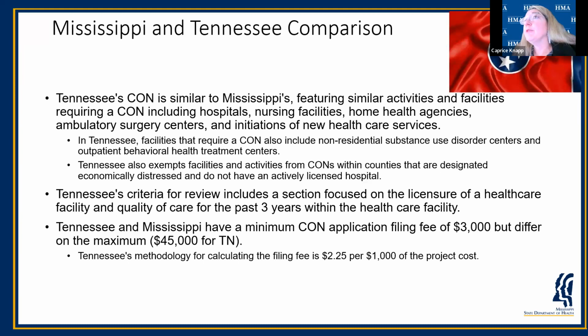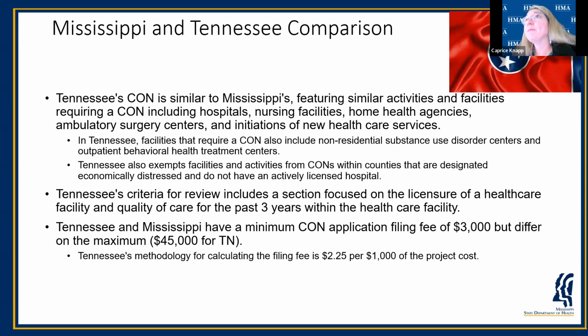Their criteria for review includes a section focused on the licensure of the facility and the quality of care for the past 3 years. So they have to present their quality of care information, which I know you all ask questions about quality as well. They have this minimum filing fee of $3,000 and a maximum of about $40,000.